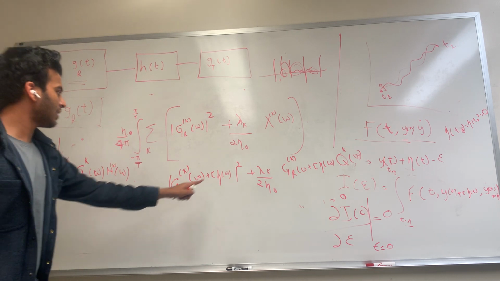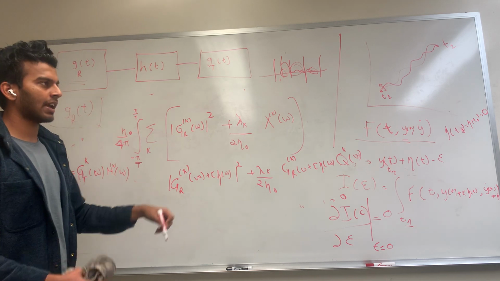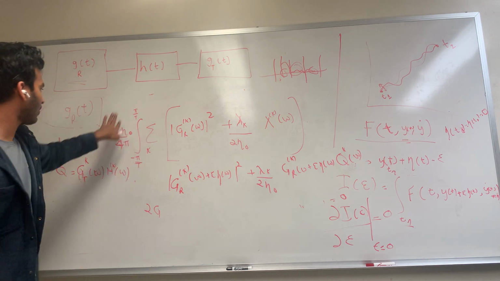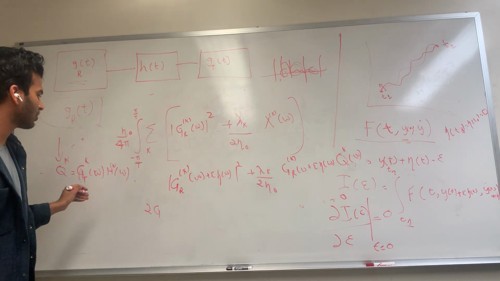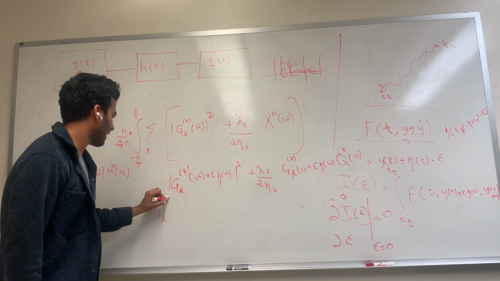Now when we differentiate it, we get 2 times this, and then epsilon is equal to 0. So let me just directly write it as 2 times G_R. And of course, you have all this summation, integral and this coefficient, but I'm just getting directly to the point.